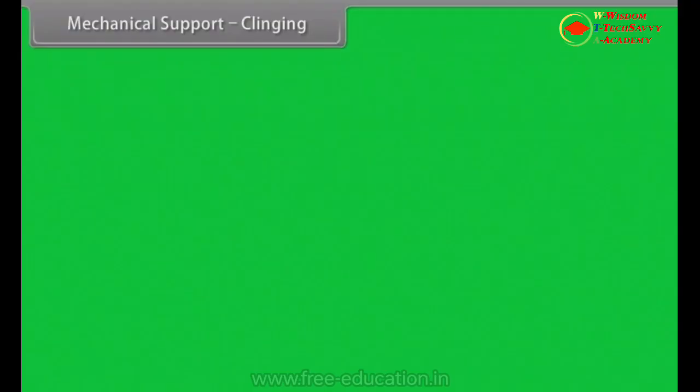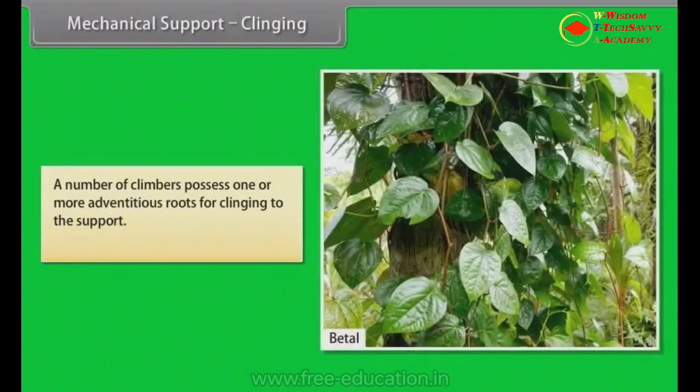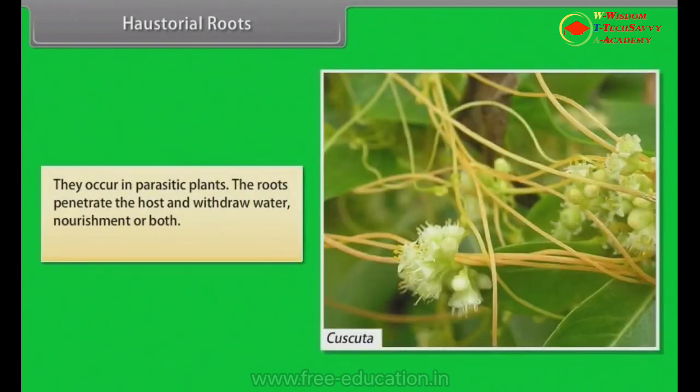Mechanical support, clinging: a number of climbers possess one or more adventitious roots for clinging to the support. Examples: betel, tecoma, ivy. Haustorial roots: they occur in parasitic plants. The roots penetrate the host and withdraw water, nourishment or both.